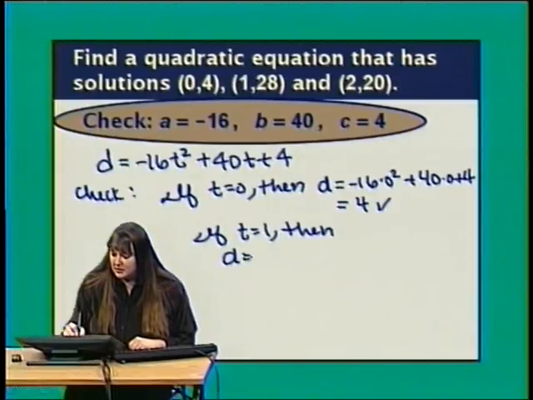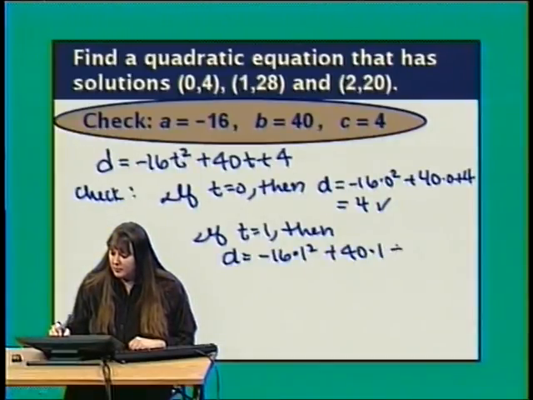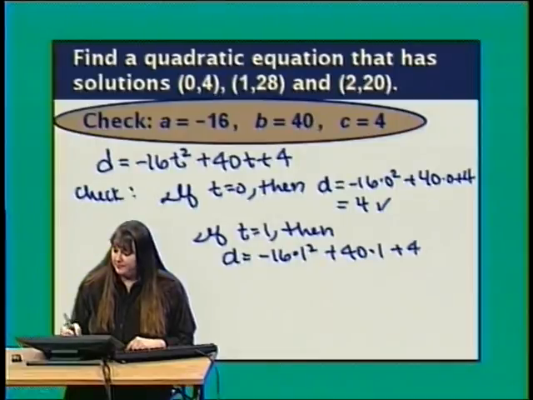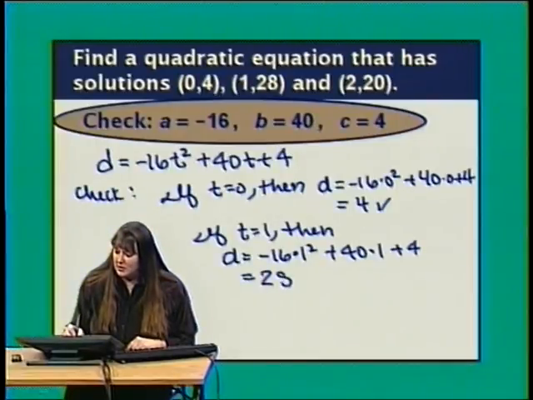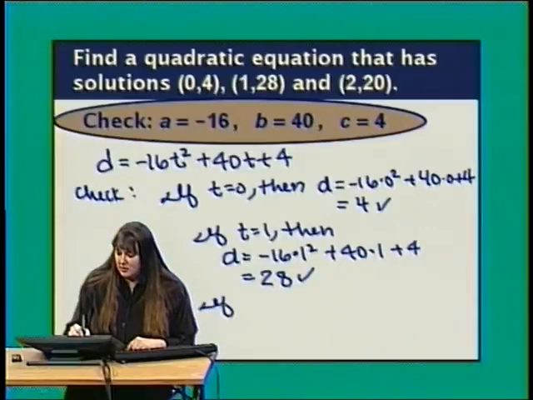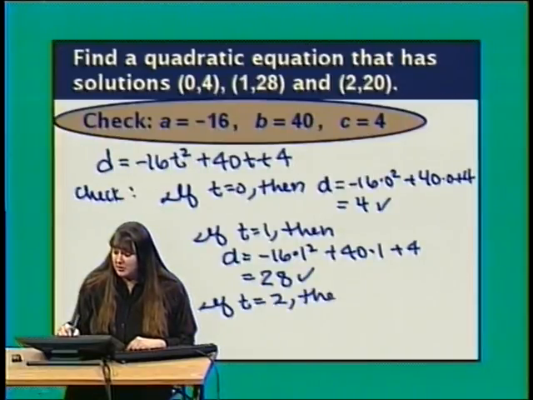What about if t equals 1? Then d is going to be negative 16 times 1 squared plus 40 times 1 plus 4. That's negative 16 plus 40 plus 4, which is 28. So that solution checks. What if t equals 2? Well, then I'm hoping d is 20.